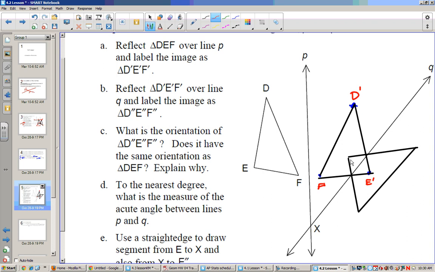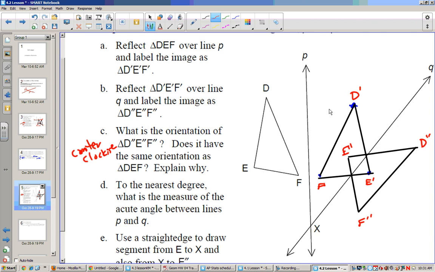And then down here, it's going to be D double prime, E double prime, and F double prime. So if this is our situation, now we can answer the questions. What's the orientation of DEF? That's counterclockwise. Does it have the same orientation as the first one?